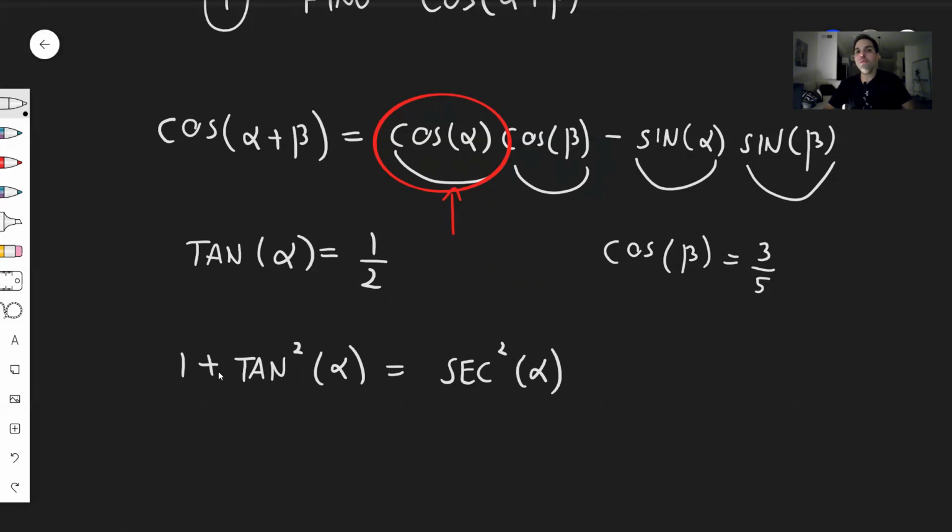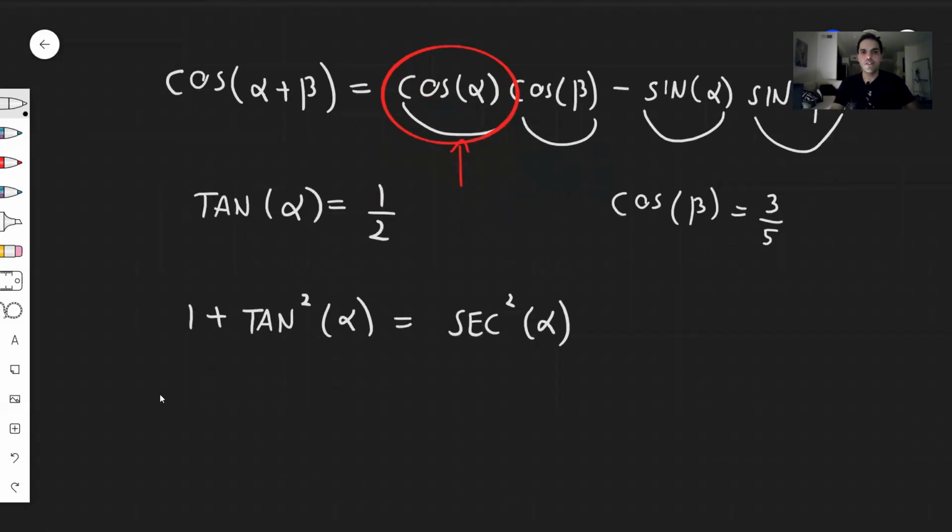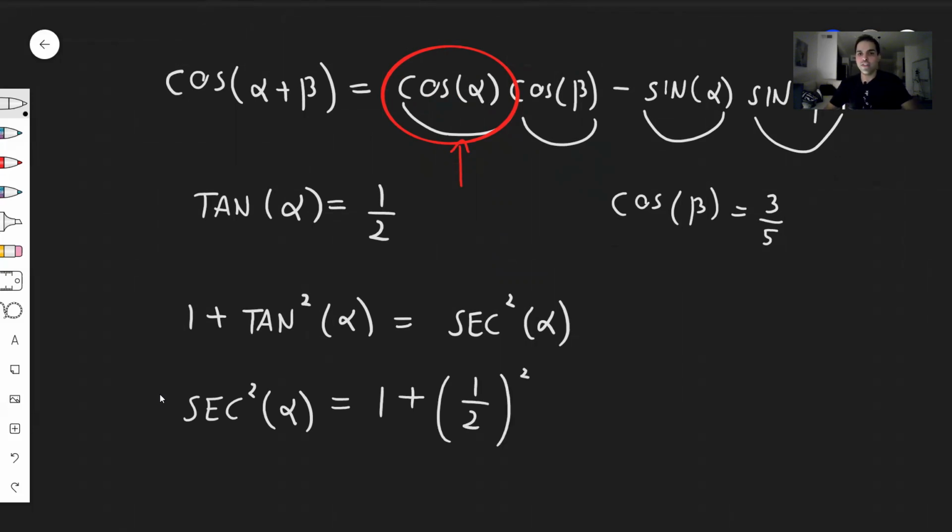And we'll be able to solve for cosine here because secant is just 1 over cosine. So what does that give us? Secant squared of alpha is 1 plus tangent squared. So 1 plus 1/2 squared, and this becomes 1 plus 1/4, and that's 5/4.